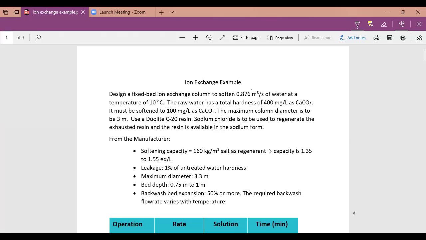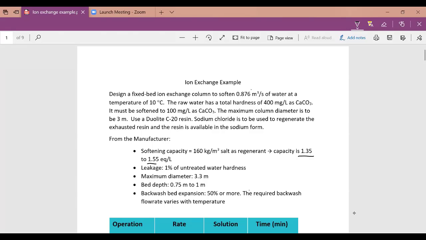Now, when you look up the material on the Dualite C20 resin, you find that the softening capacity, when you're using 160 kilograms per cubic meter of salt as the regenerant, is between 1.35 to 1.55 equivalents.